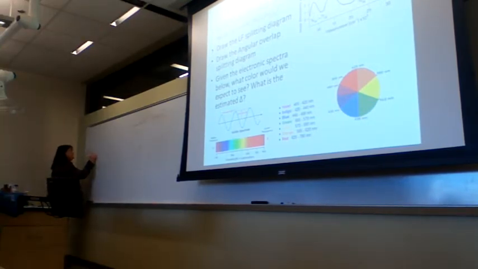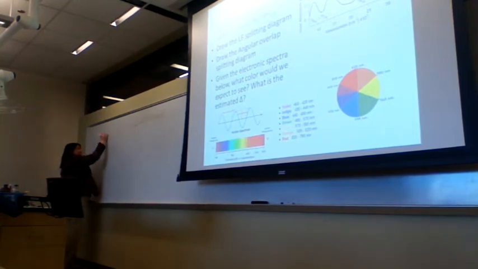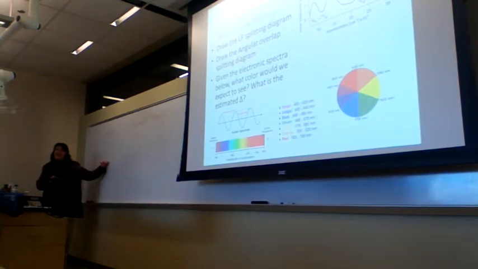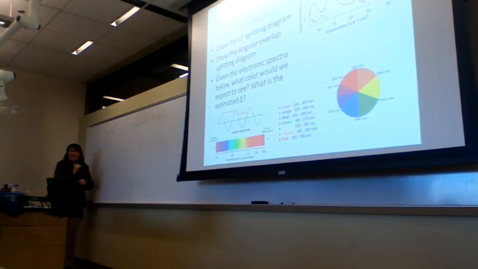Is that what we're asking? Is that what the question is? We take the d metal. The LF splitting diagram is the one that we're using all of the time, right?